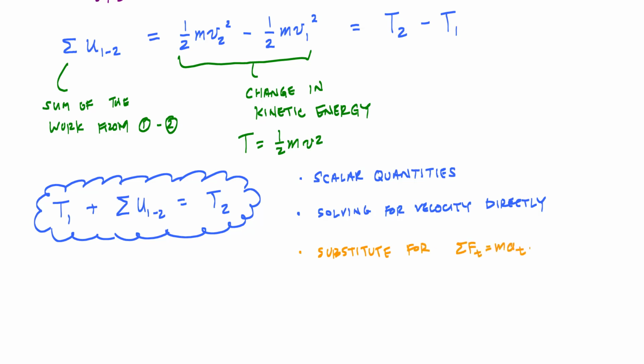So usually in problems, use the sum of the forces in the normal direction. In many problems there are two equations and two unknowns. You can replace this with the principle of work and energy, but you will still need to use the equation of motion in the normal direction. All right, hopefully this gives you a good overview of the principle of work and energy and where it comes from.